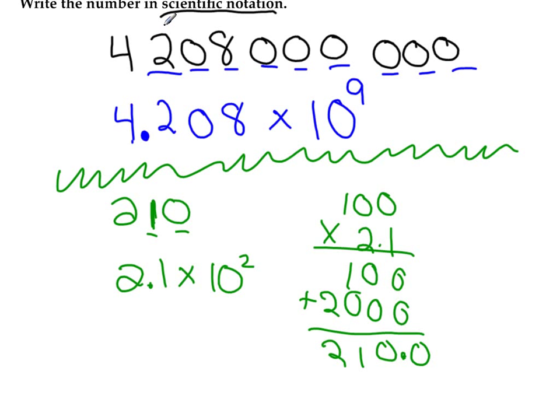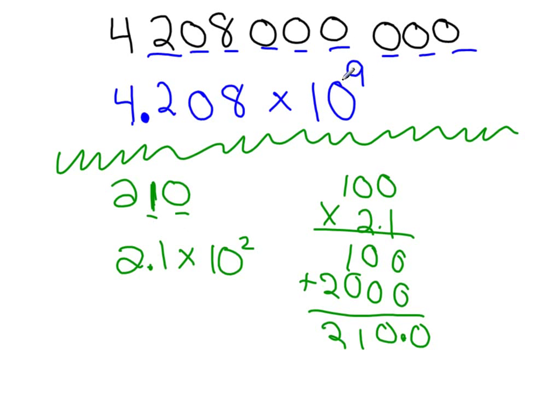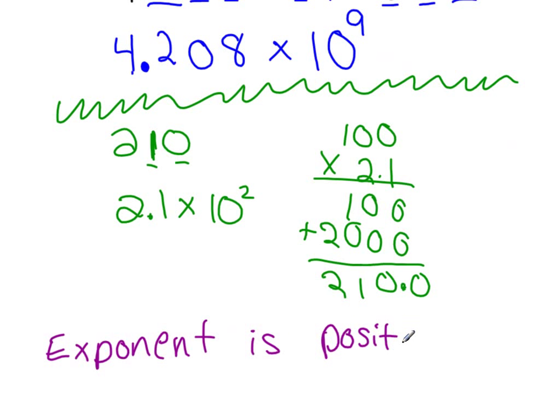Now let's go ahead and write a little note to ourselves. When the exponent is positive for scientific notation, that means we have a very big number. So the exponent is positive if the number is large.